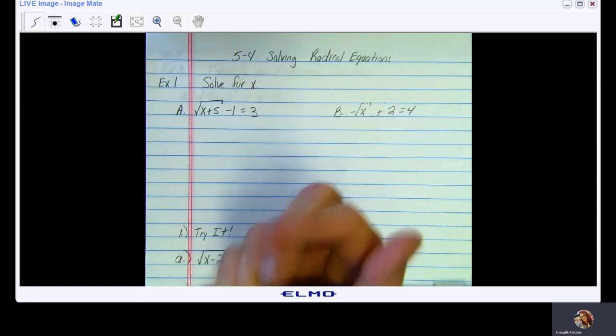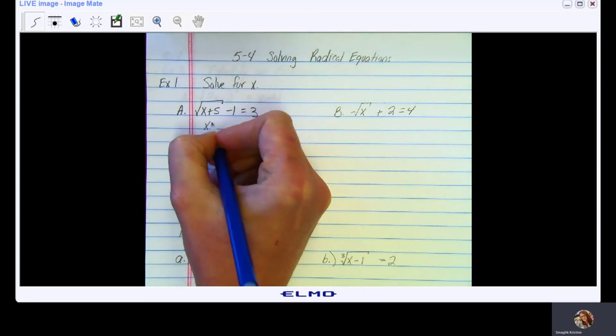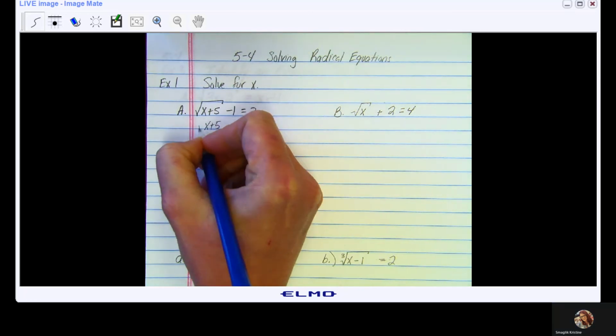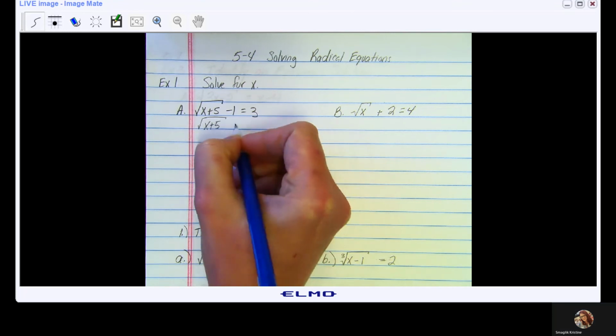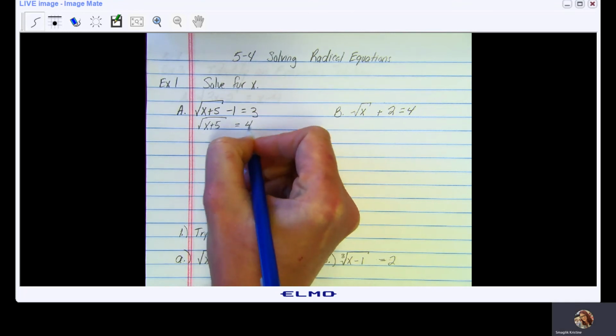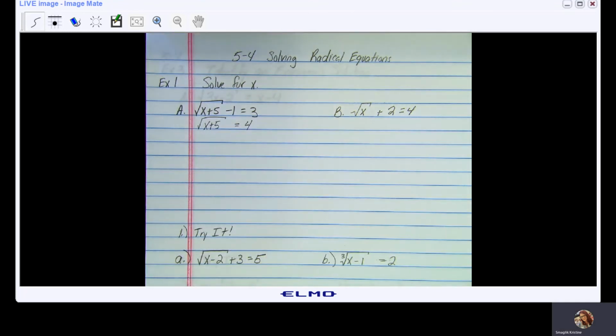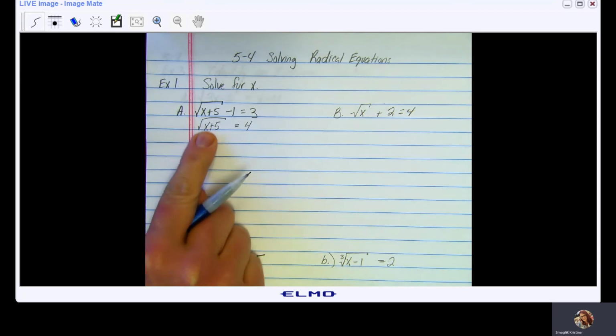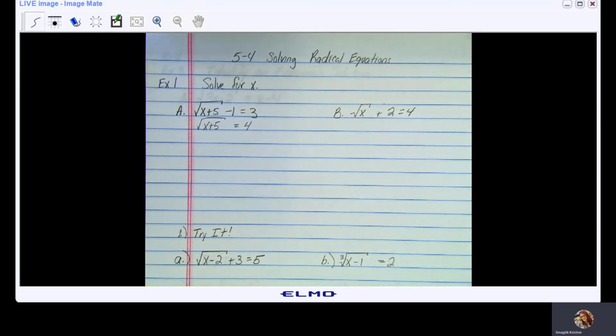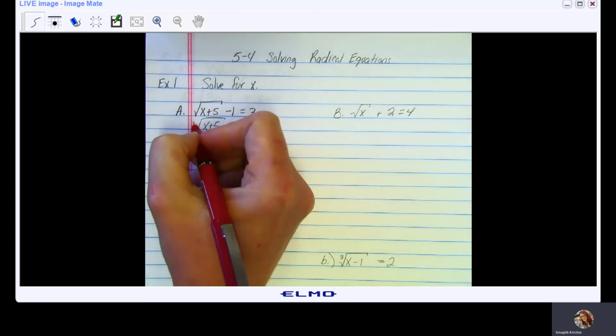So that is going to leave me with the square root of x plus 5 equals 4. Now remember, to undo a square root, you would take the square of both sides. The index and the exponent cancel each other out. They are inverses of each other.